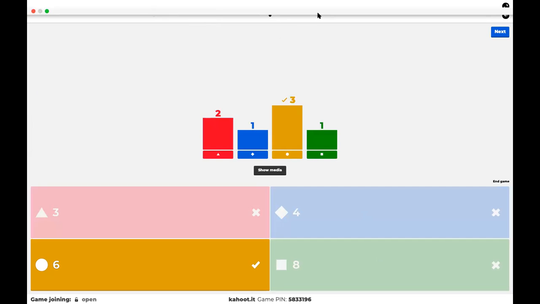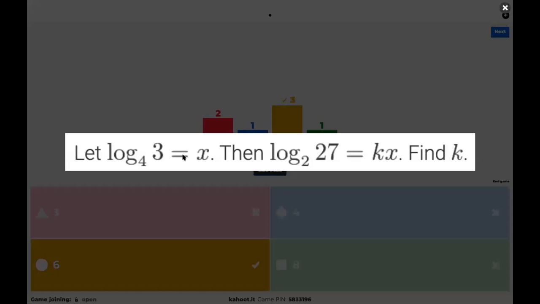Okay, well, you rewrite it as exponents. Yeah, thank you, Richard. That was really helpful. Yeah, you can rewrite it as exponents. So that's 4 to the x equals 3. And then that means 2 to the 2x equals 3.